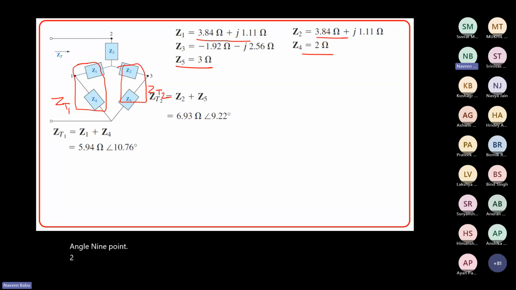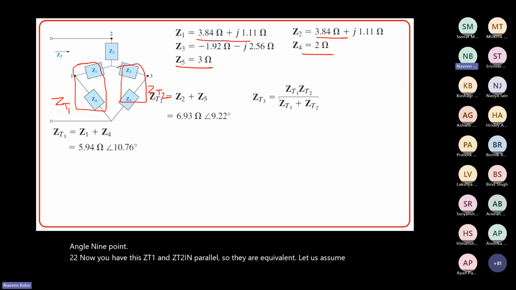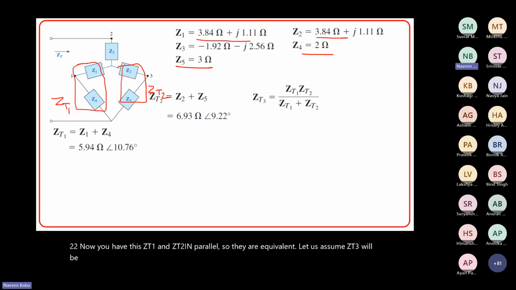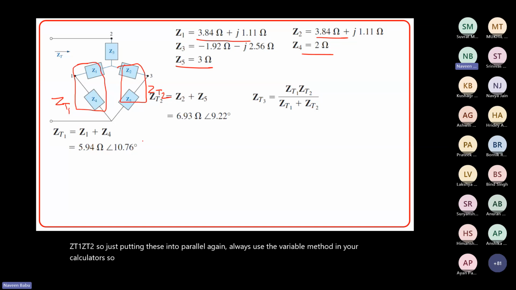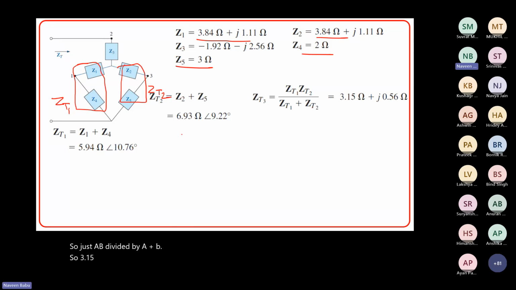Now you have this ZT1 and ZT2 in parallel. So their equivalent, let us assume ZT3, will be ZT1 ZT2 divided by ZT1 plus ZT2. Again, always use the variable method in your calculators so that you don't go wrong while feeding the values. It's just AB divided by A plus B. So 3.15 plus J 0.56 is the answer. And then the resultant will be in series with Z3.